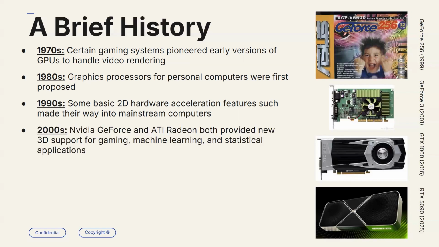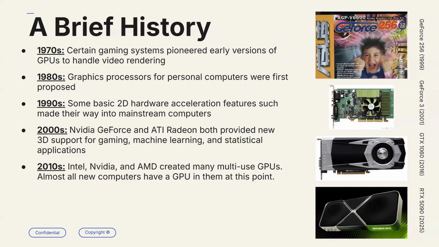In the 2000s, things started kicking off. Gaming became a bit more popular. The GeForce and Radeon series both became pretty popular, and those are actually still the leaders in GPUs today, GeForce and Radeon. Also, people started to realize around this time that it can make machine learning, statistical applications, and even doing science work a lot faster with GPUs.